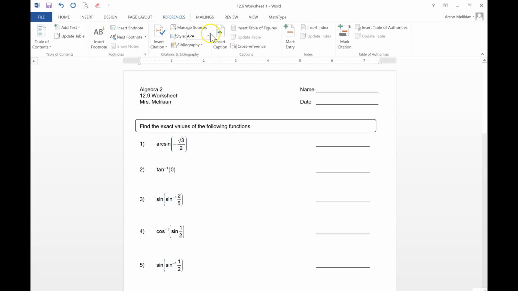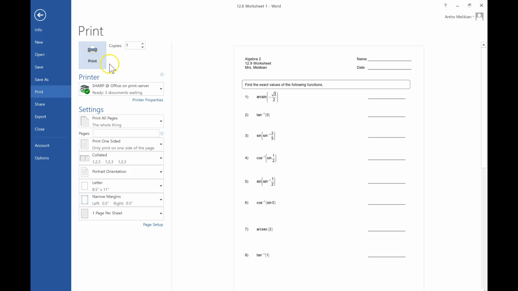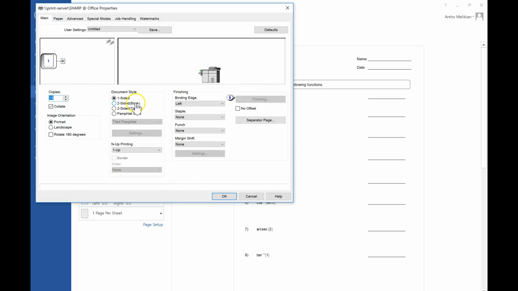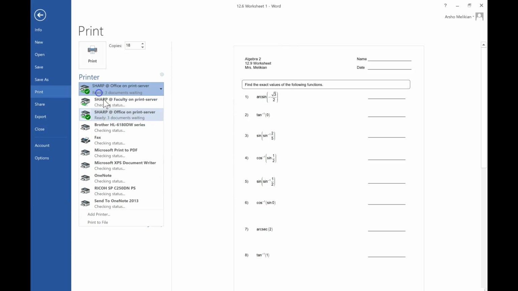I don't actually need the screen because I'm going to show you on the board.